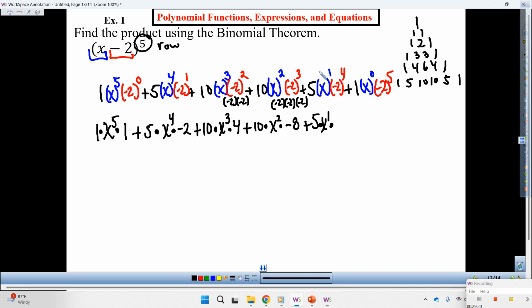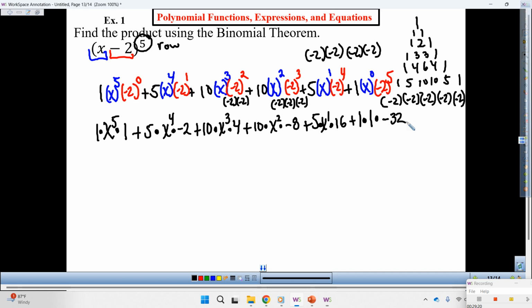I'm going to write it on top. Negative 2 times negative 2 times negative 2 times negative 2. That gives us 16. Plus 1 times, what is x to the 0? 1 times, what is negative 2 to the 5th? Negative 2 times negative 2 times negative 2 times negative 2 times negative 2, which is negative 32. Copy that, please.